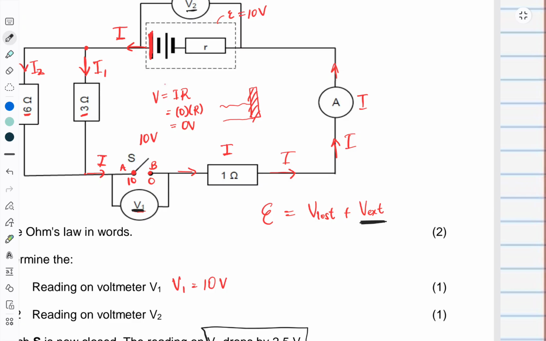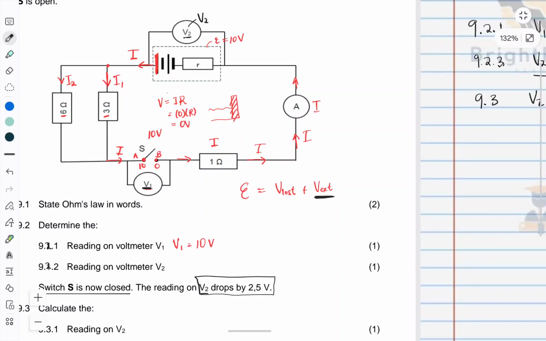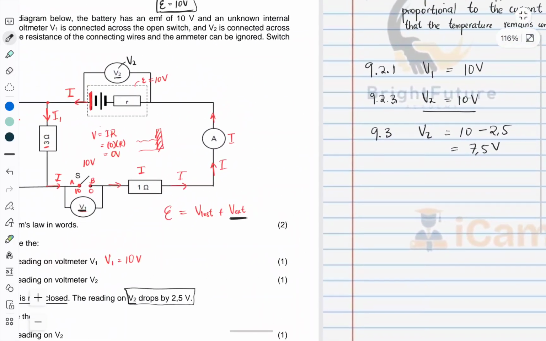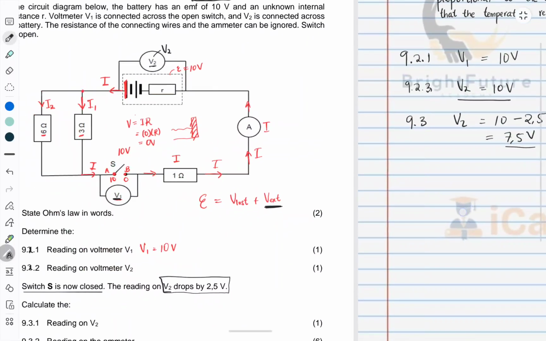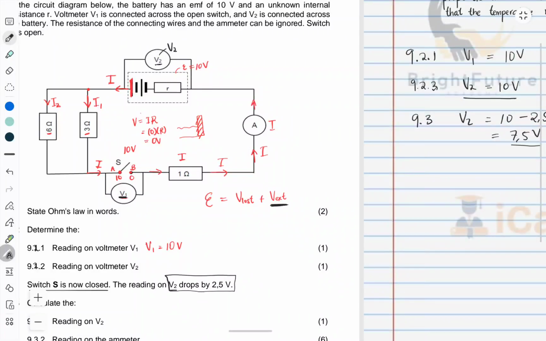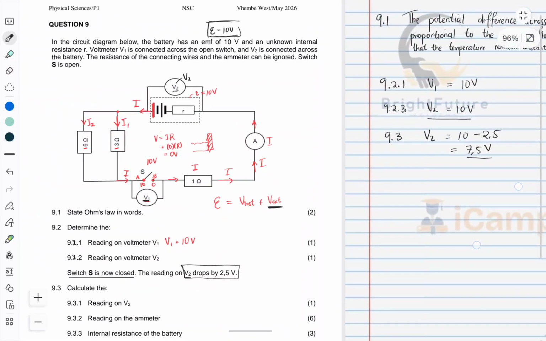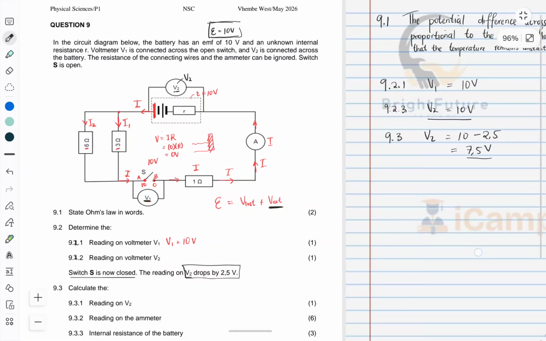So V2 will stop measuring EMF and start measuring the actual potential drop across that battery, which is 7.5 volts. That's the first thing we would note for 9.3.